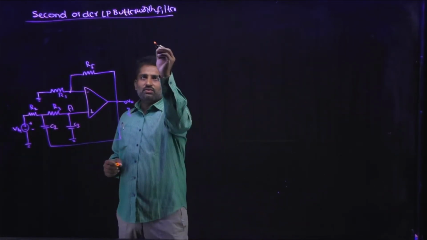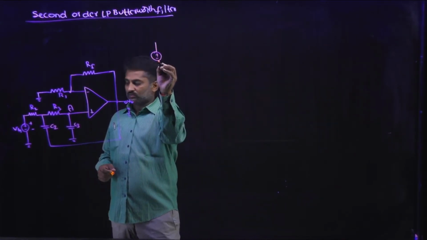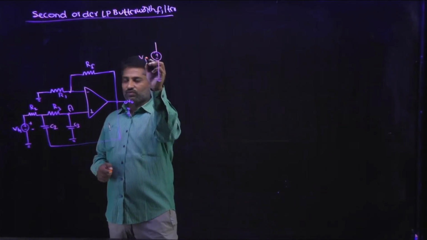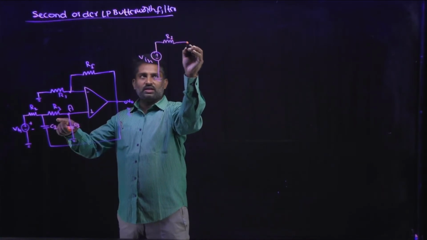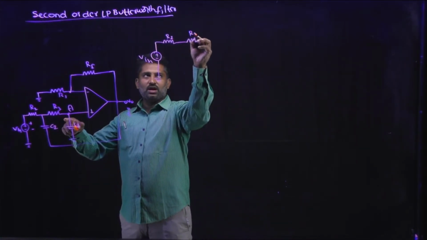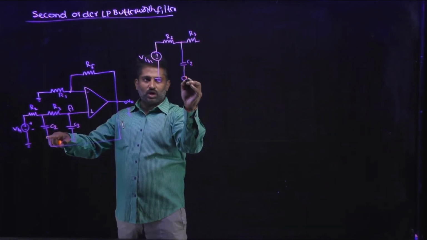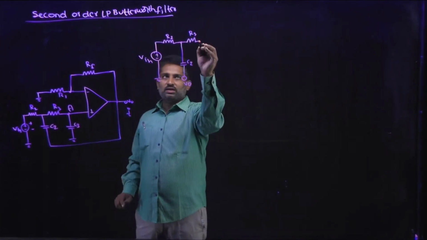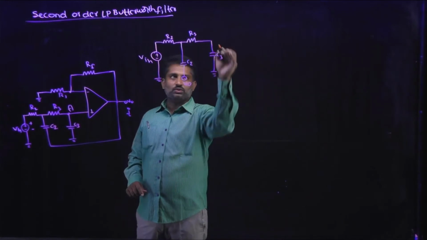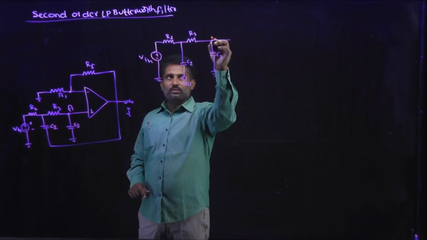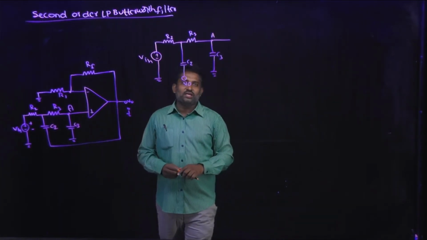So considering first the input RC network, here it is Vin, and the resistance will be taken as R2, and here the resistance is R3, and here that is C2, which will be connected to the output voltage V0, and here I am going to take C3, which will be connected to ground. From this it will be applied to the input of the non-inverting op-amp.